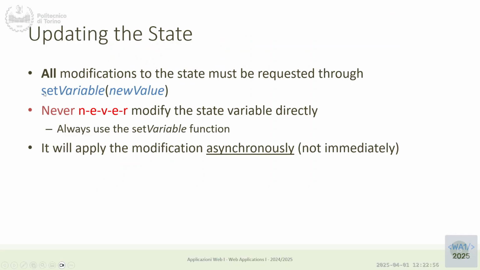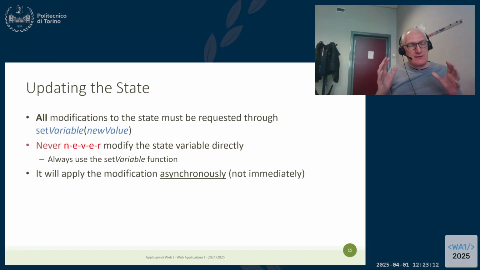Every time you want to change a state, we must always call the set function with a new value, and this value must not be the same as before, but it should be a new object.